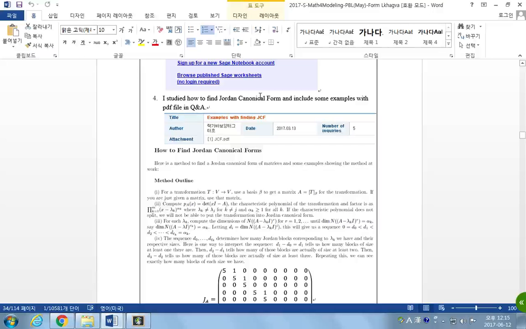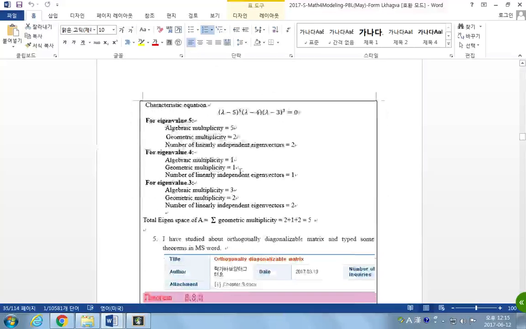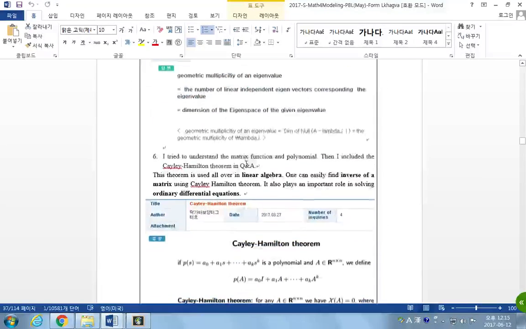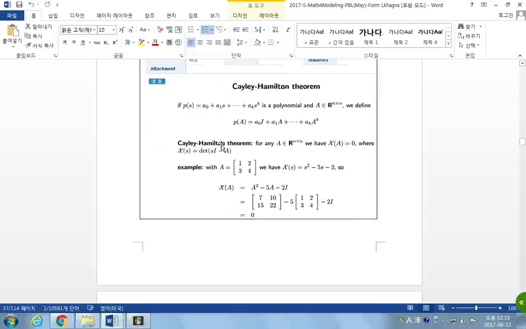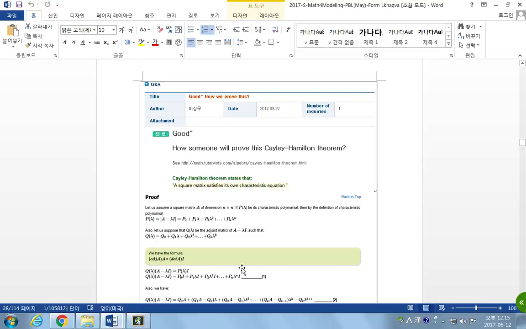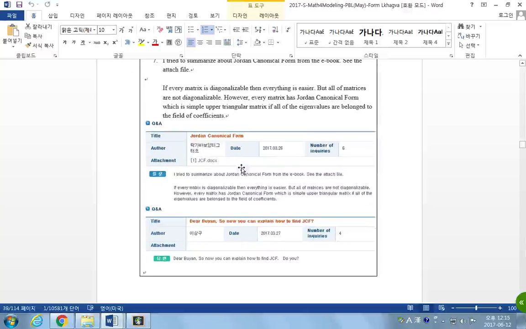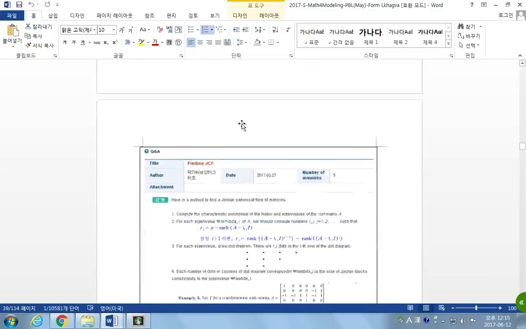Also, here I studied how to find Jordan form, which I introduced before, this comment, and also I tried to understand the matrix function and polynomial. Then I included the Cayley-Hamilton theorem in Q&A, and the professor uploaded its proof, how to prove this. Also, I tried to summarize the ebook on the Jordan canonical form, here is about.